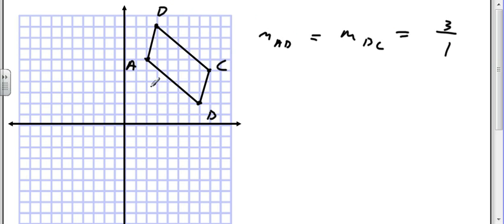Okay, now this slope here, change in y: 1, 2, 3, 4, and change in x: 1, 2, 3, 4, 5. Okay, so slope AD is 4 over minus 5, and slope CD, that's a B.